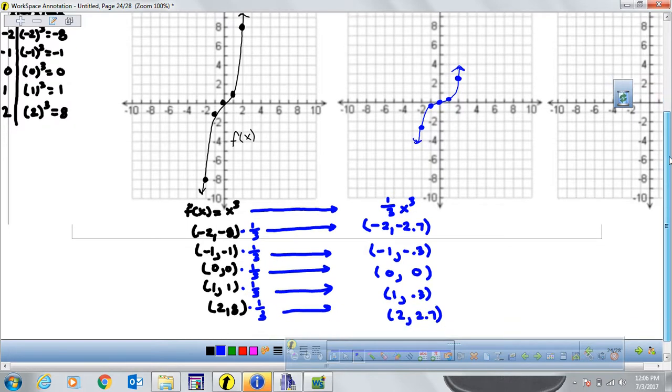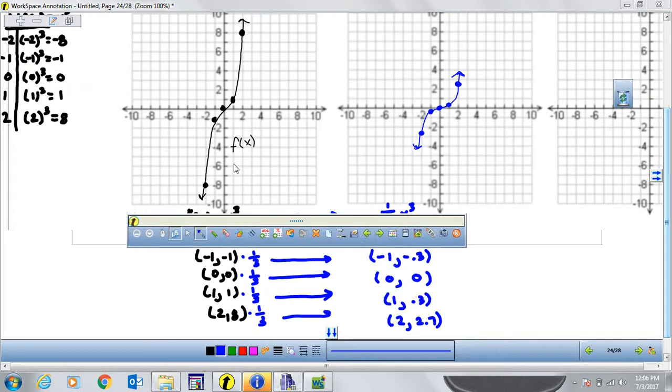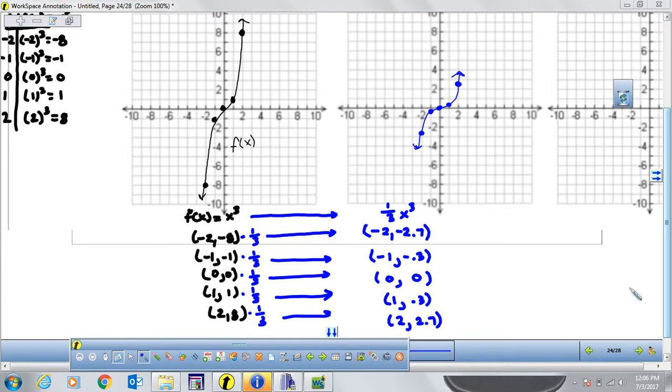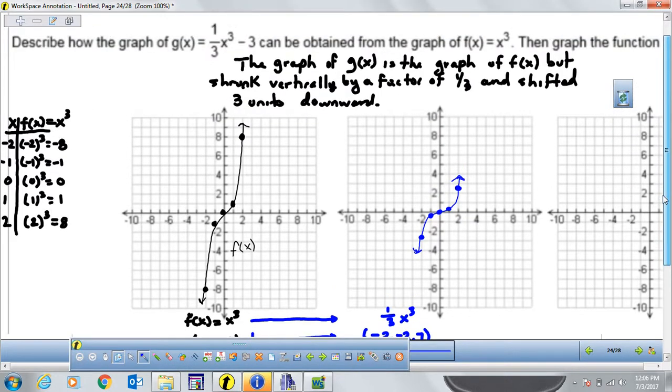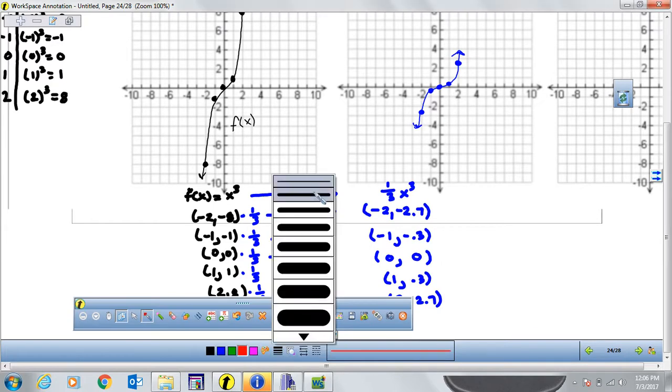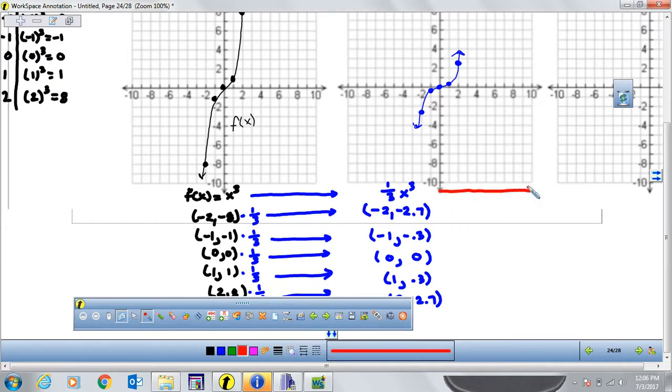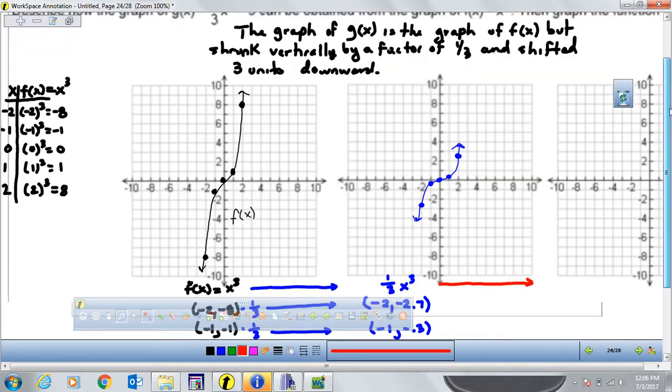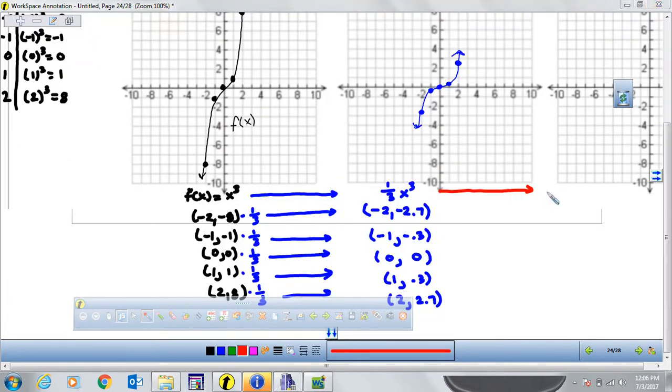Now let's do the last one right here, which is the -3. That is going to create a vertical shift. That is going to give us the end, which is g of x. g of x equals 1/3 x cubed minus 3. What effect does that minus 3 have?